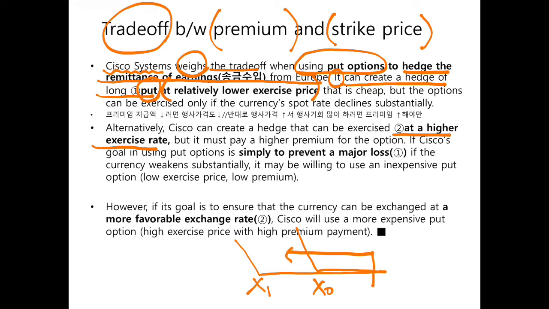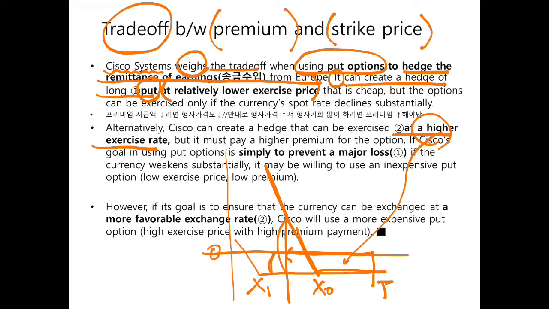It was here today, but it became this one. If I purchase the higher exercise price one, I'm making this amount of money. If I purchase the lower exercise price one, this is under zero. I'm just losing my premium paid for the purchase, and I don't have any chance to exercise, right?